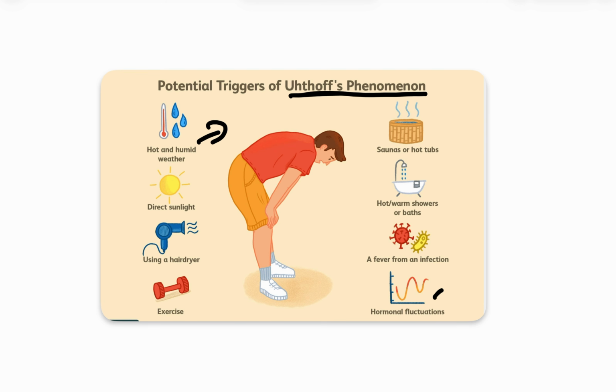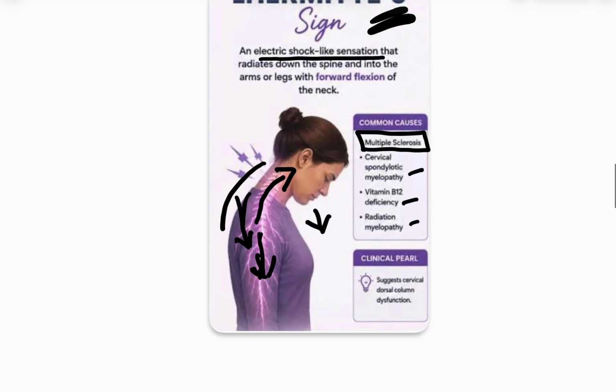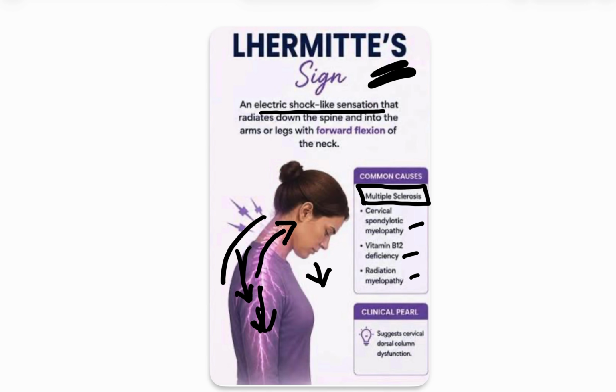It will make their neurological symptoms worse and will worsen their condition. This is known as Uthoff's phenomenon. So Lhermitte's sign and Uthoff's phenomenon are two very important signs which are seen in multiple sclerosis. Very, very important to know that.